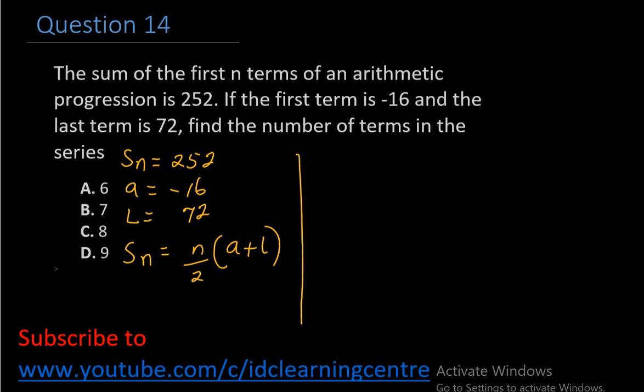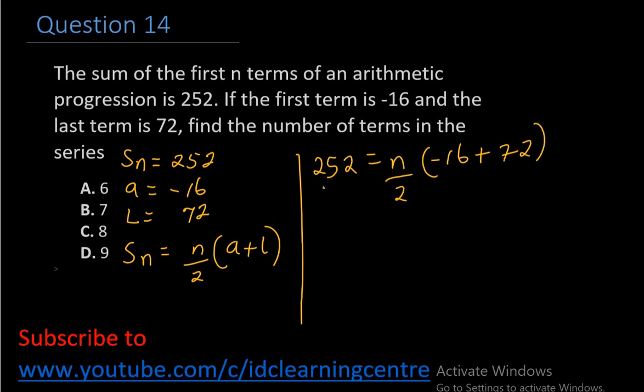So, sum of n, we have 252 equal to n, we don't know, that is what we are looking for. That's number of terms over 2, bracket the first term, which is a, is minus 16, plus last term, which is 72.